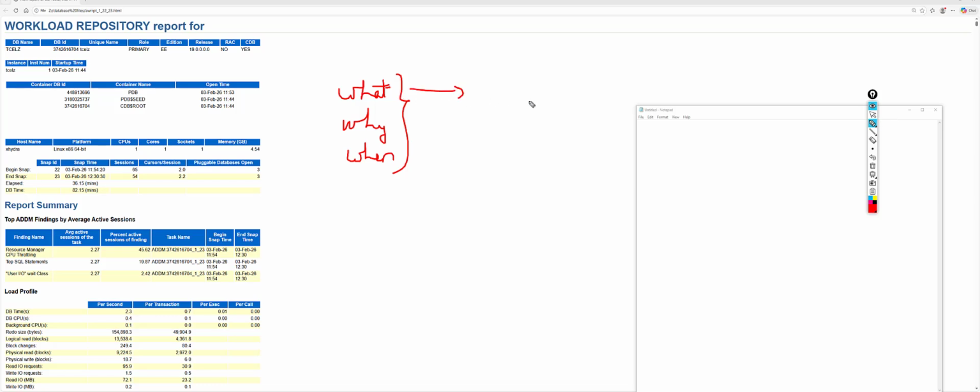So what is an AWR report? AWR report is kind of a snapshot. Assume that this is a camera. You are just taking a snap of every event that is occurring. You are going for a wedding ceremony or any function, or you are going for some trekking, or some wonderful place.